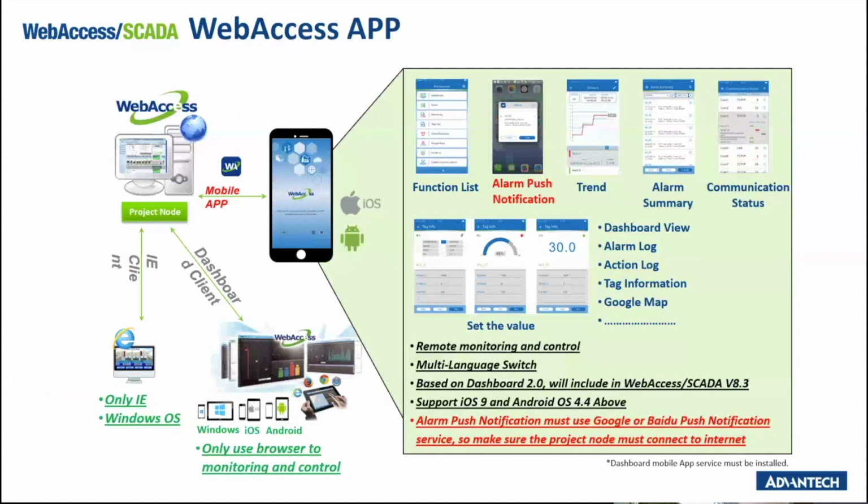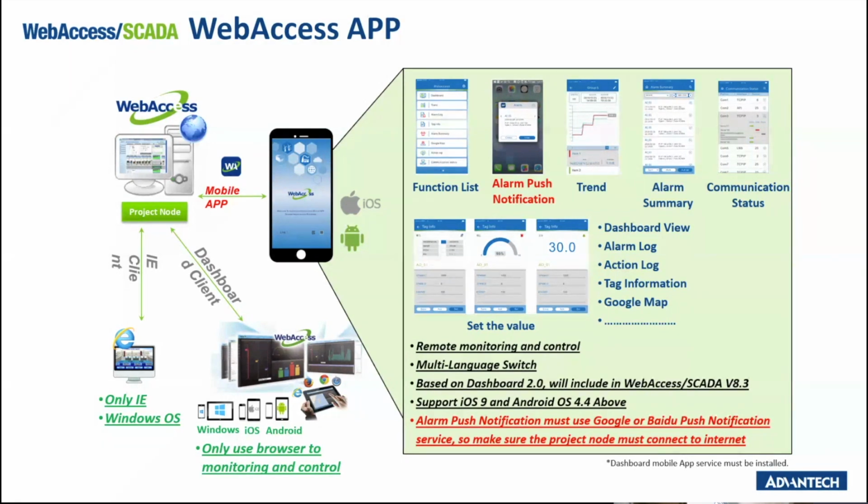Carrying on, we have our WebAccess app. This is a new mobile application, for WebAccess 8.3 and above. With Node.js as the underlying data transport layer, the data can be transferred to your mobile phone more quickly and instantly.